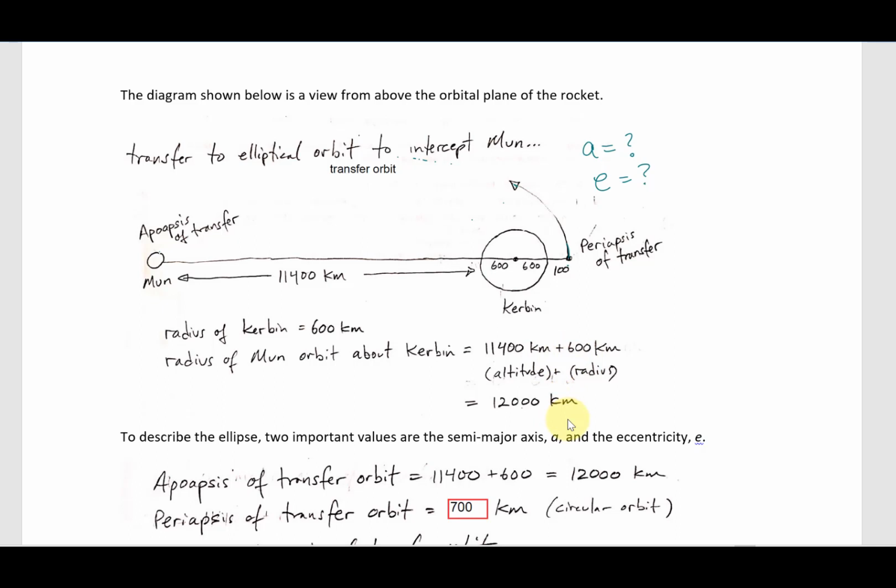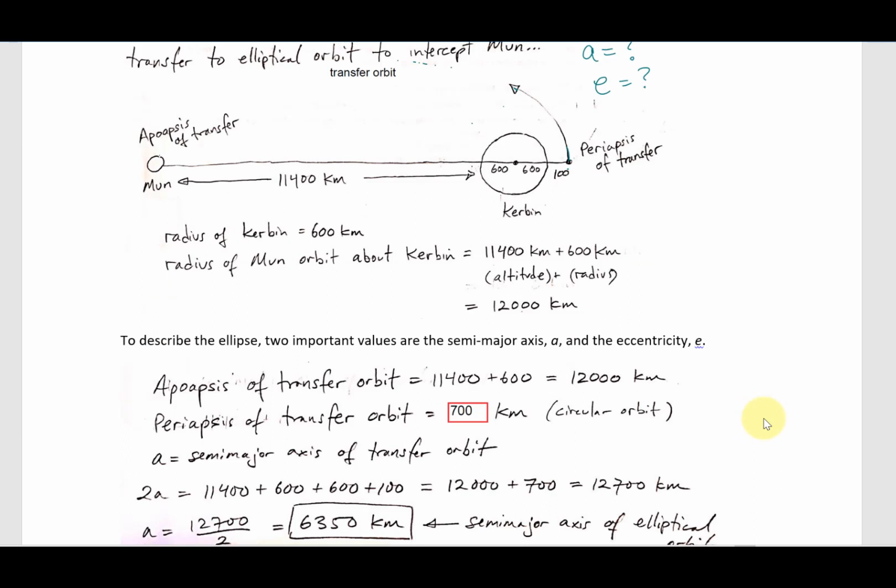And so to describe the ellipse of the transfer orbit, two important values are the semi-major axis A and the eccentricity E, and we can now calculate what those are. The apoapsis of the transfer orbit is 11,400 plus 600, giving me 12,000 kilometers, because my transfer orbit has this as its primary focus, the center of Kerbin.